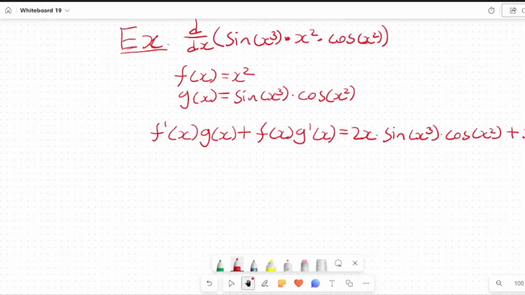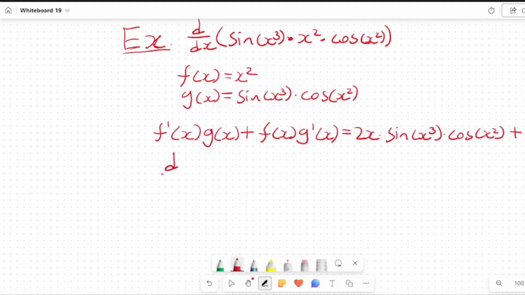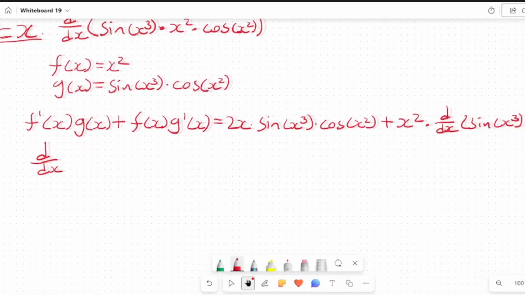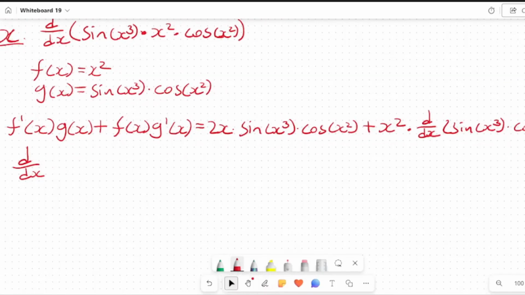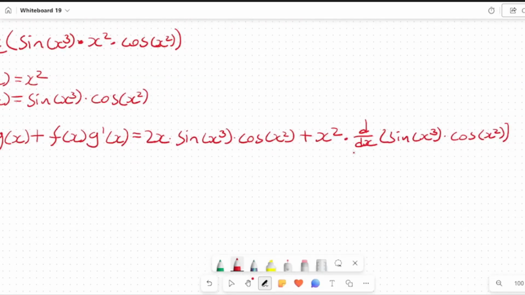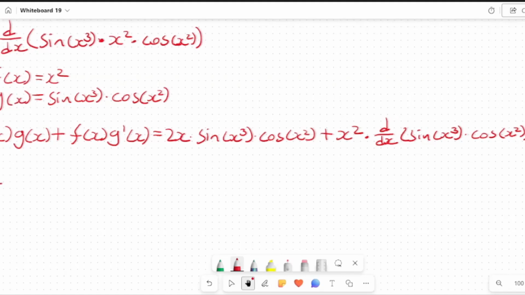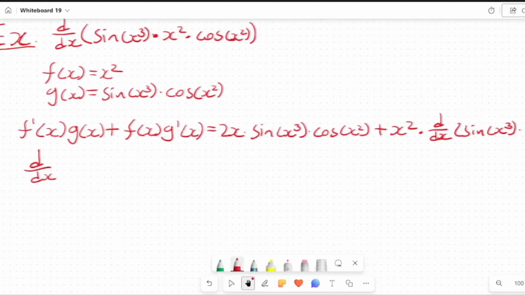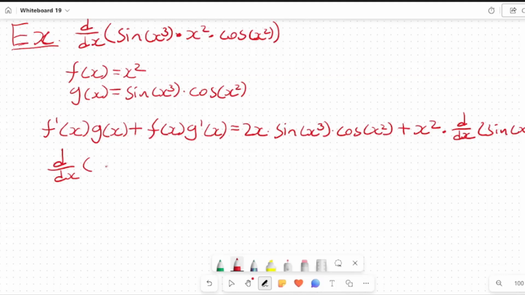So let us see what the derivative of this is, because we already know all of these terms, so we only need to evaluate this, and then we'll pretty much get our derivative.